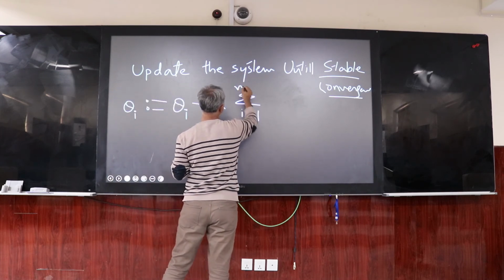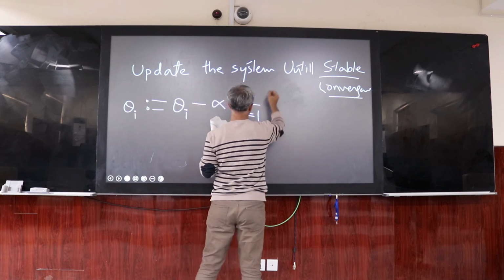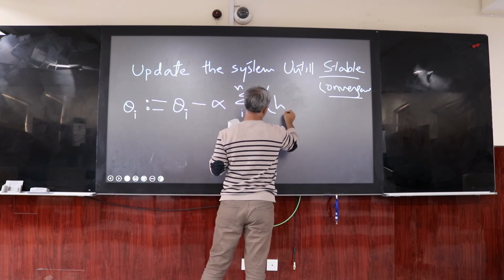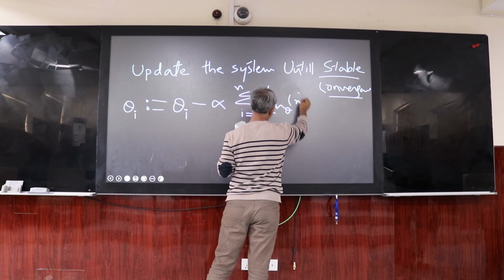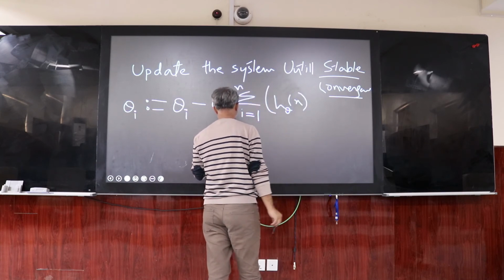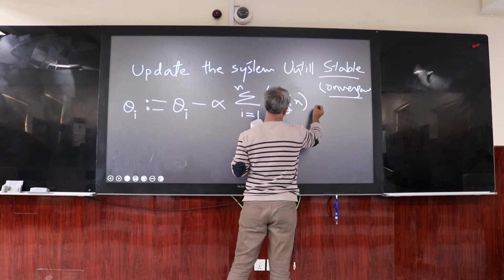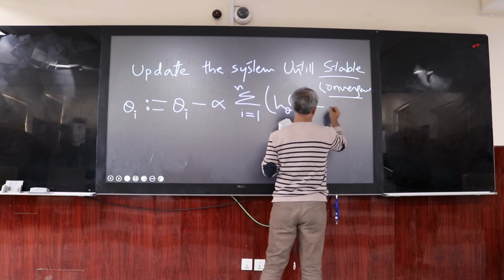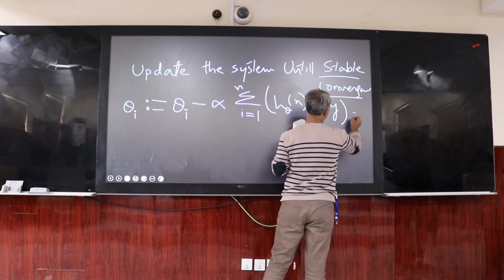One to n such that h theta of x minus y times x.